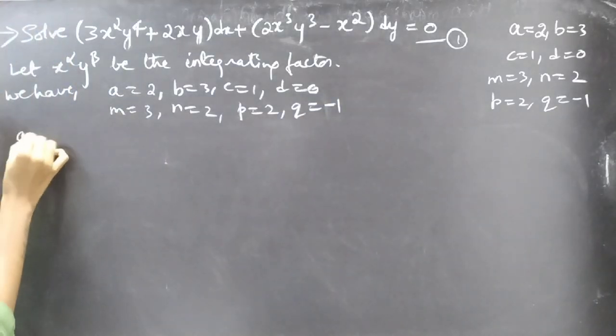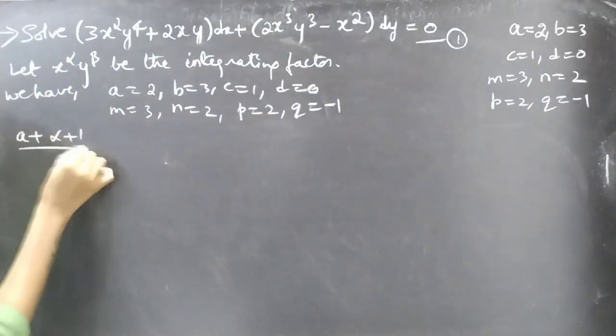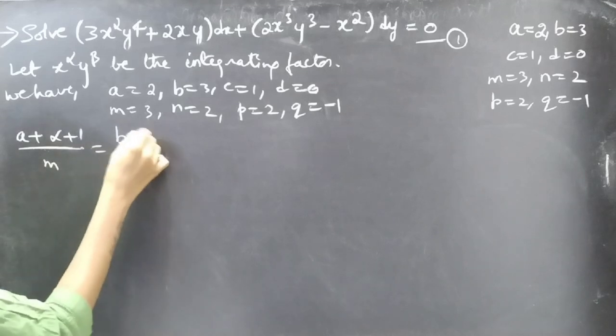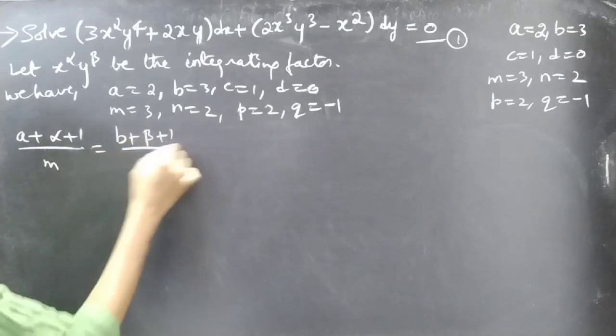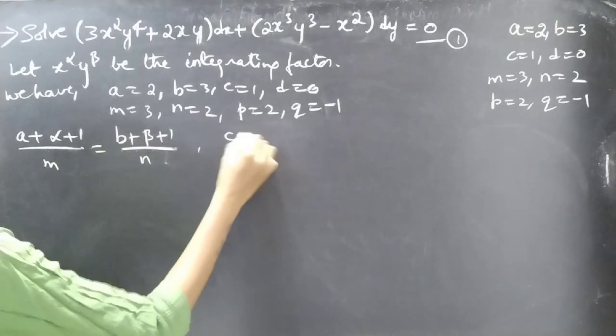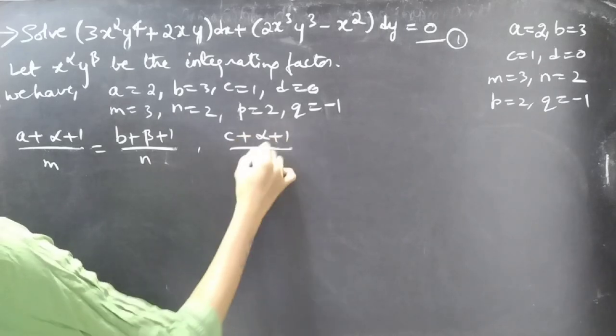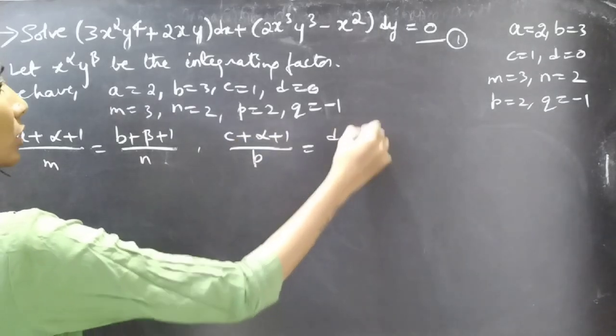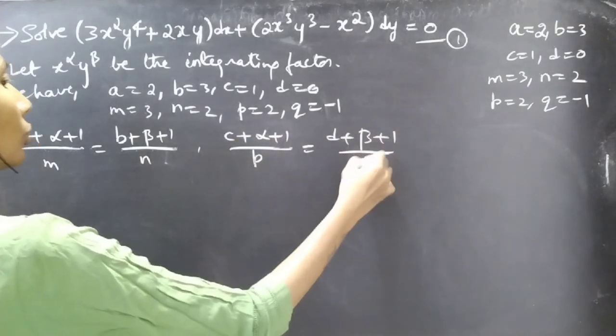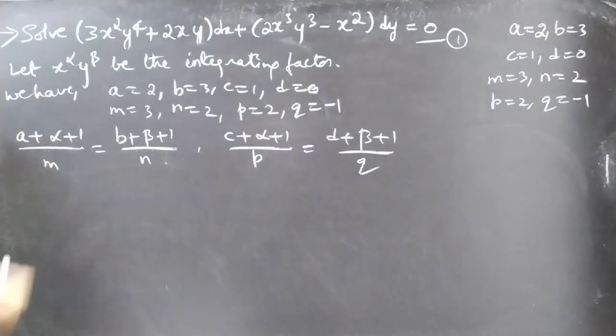Now we'll use the formula a plus alpha plus 1 by m equal to b plus beta plus 1 by n and c plus alpha plus 1 by p equal to d plus beta plus 1 by q to find two equations. In order to find alpha and beta, we can just use this formula.